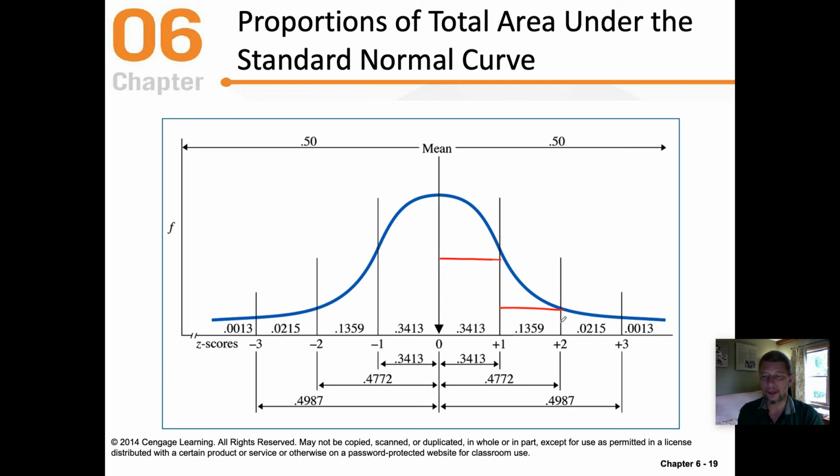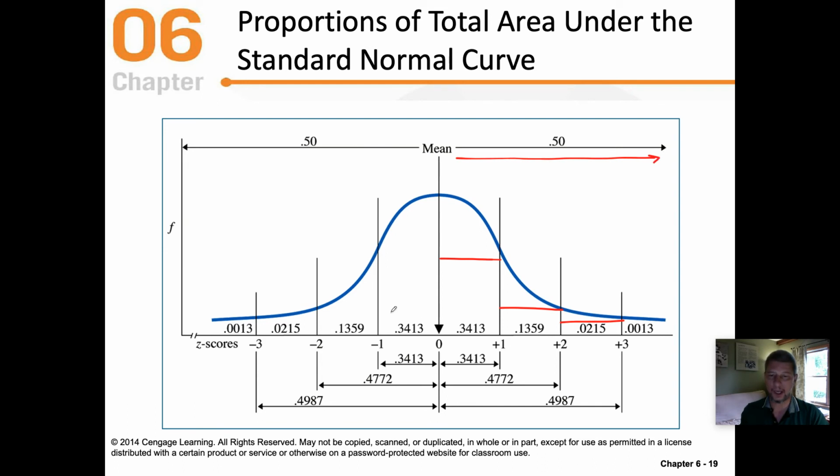Then 3 standard deviations above the mean is another 2%, and so we're really close to 50% of the data on the right side of the mean. And that's what you see here.